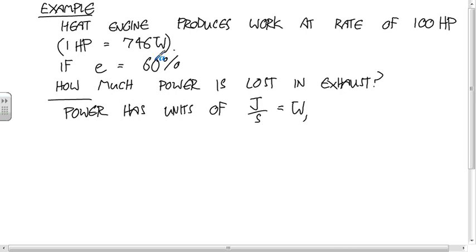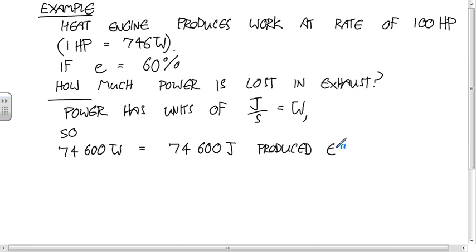And then we can do everything in terms of energy just for a second, okay? So this means that if 1 horsepower is 746 watts and the engine is 100 horsepower, that means that the engine is 74,600 watts. And so that means that 74,600 joules are produced each second.